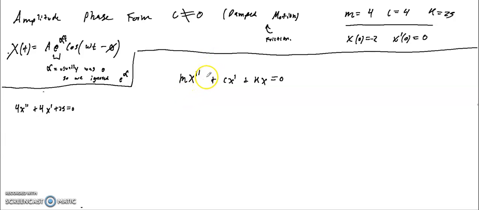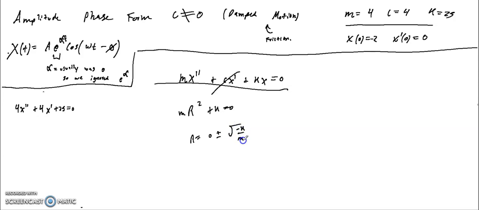Alright, so in the last video we went over undamped motion, which is where the damping constant c would equal 0. And this is our general form of our equation for spring problems. And when c equals 0, this would just go away. And we'd factor this out, mr squared plus k equals 0, and we'd always get r equals 0 plus or minus the square root of negative k over m.